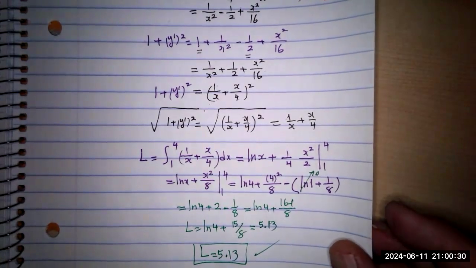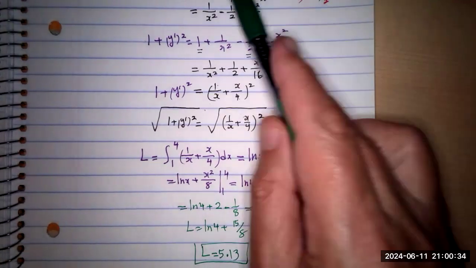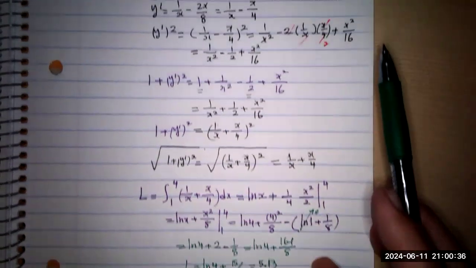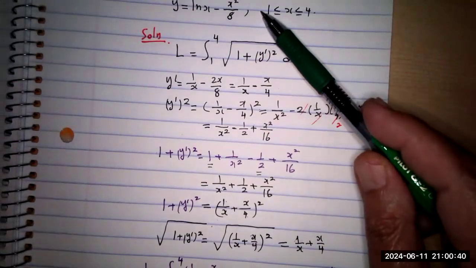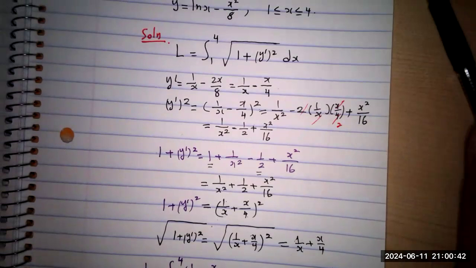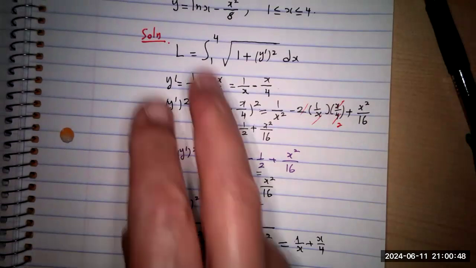Now, for the second example, look at this formula that we have. You see in this formula, the function was given as y equal to f of x, like the cases that you did for the area problem or the area between two curves. Sometimes they may switch the function.